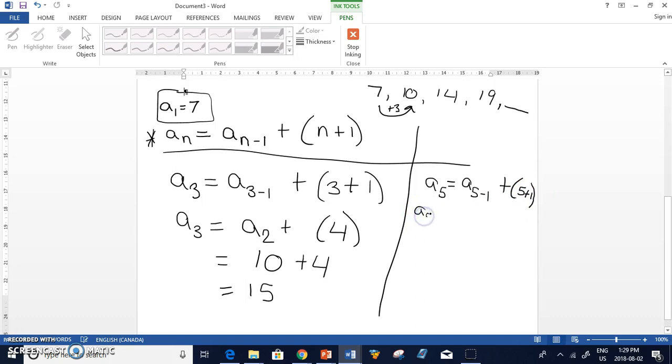So that means a5 equals the value for a4 plus 5 plus 1, which is 6. The value for a4 we had been given is 19. 19 plus 6 equals 25. And so with this formula, we're always using n minus 1 as the previous term. I hope that helped.